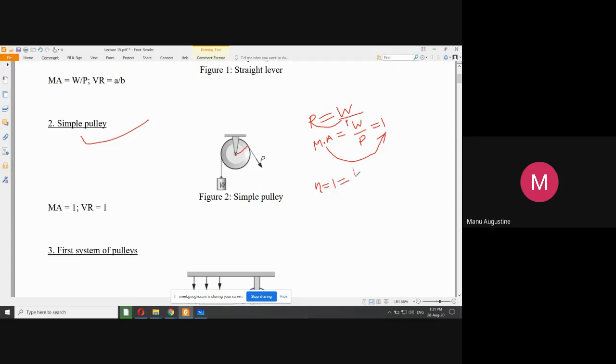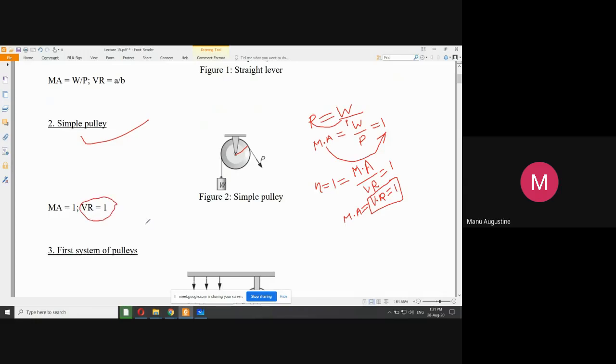That means mechanical advantage upon velocity ratio is equal to 1. And from this, you say that when there is no friction, mechanical advantage is equal to velocity ratio. And since mechanical advantage in the absence of friction is 1, velocity ratio is equal to 1. So we have obtained the expression for velocity ratio equal to 1 for a simple pulley.